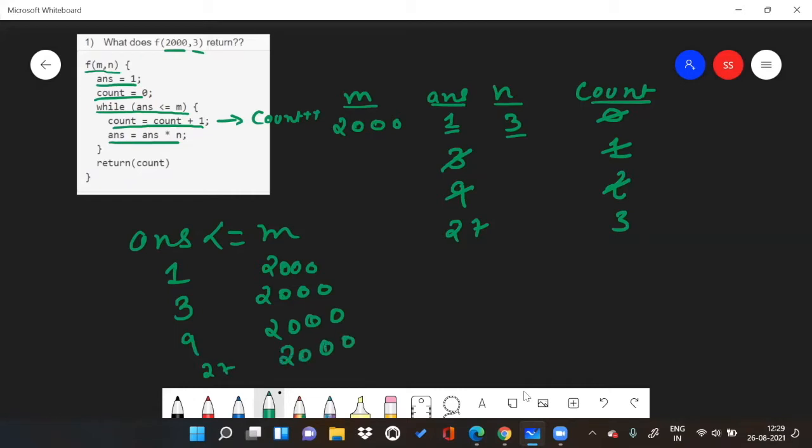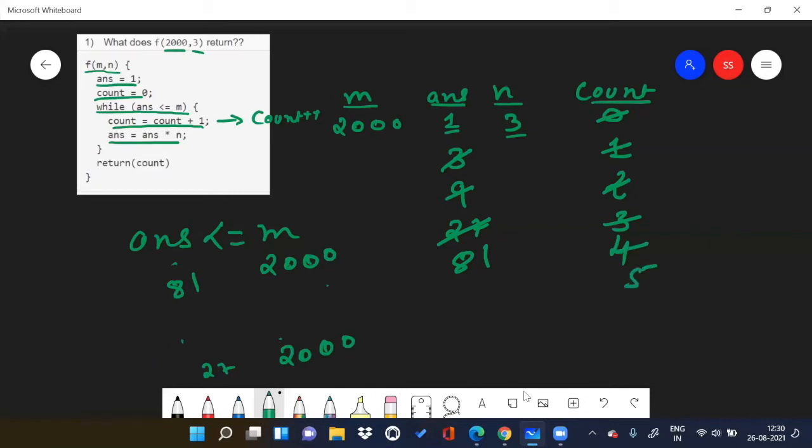Yes, it is. Your count will get updated to 4 and your answer will get updated to 81. Now again the while condition is satisfied, as 81 is less than or equal to 2000. So your count will get updated to 5.